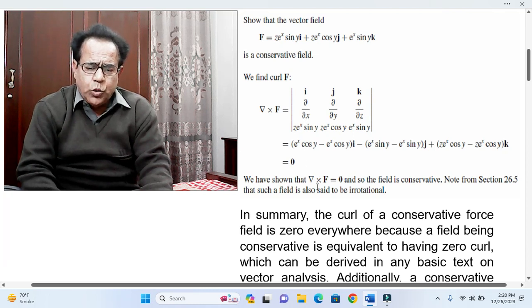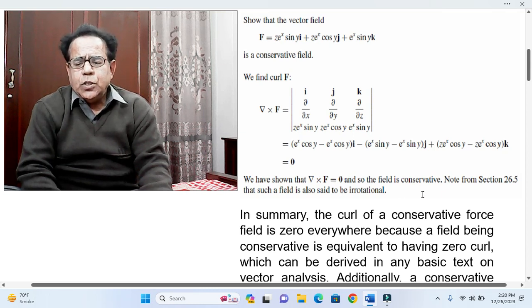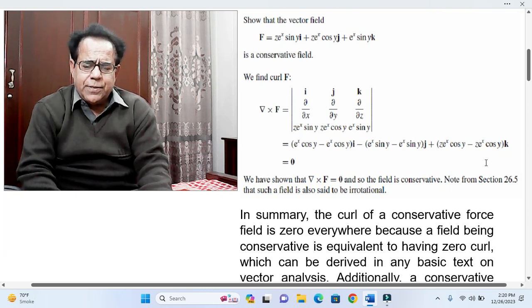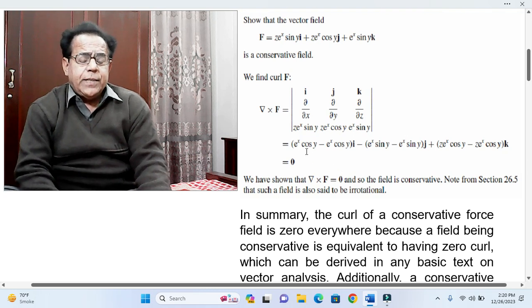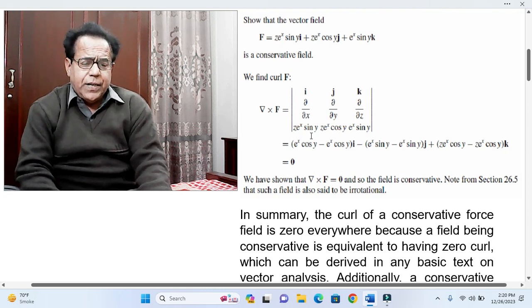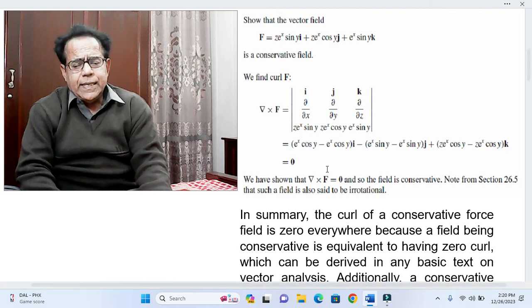We have shown that curl F is equal to 0, and so the field is conservative. So dear students, if curl becomes equal to 0, then the force is conservative, otherwise it is not conservative.